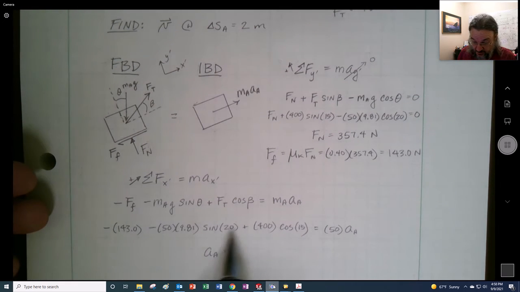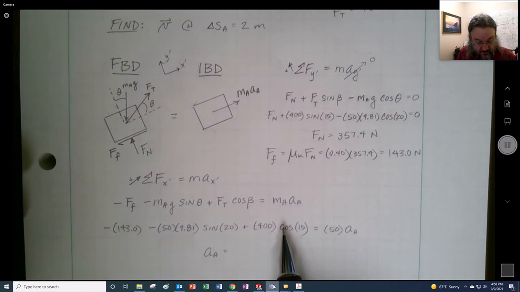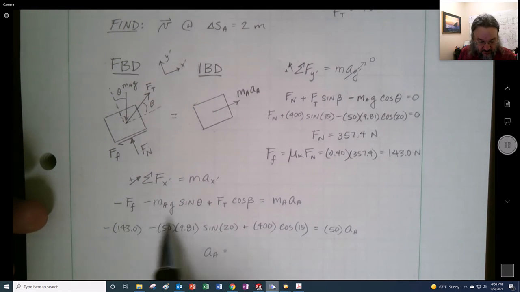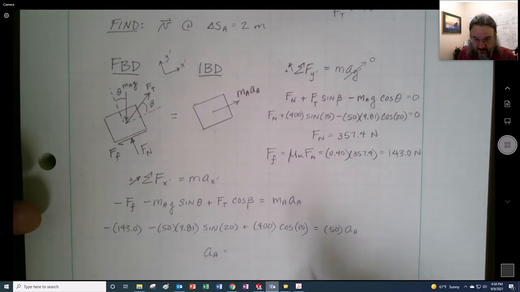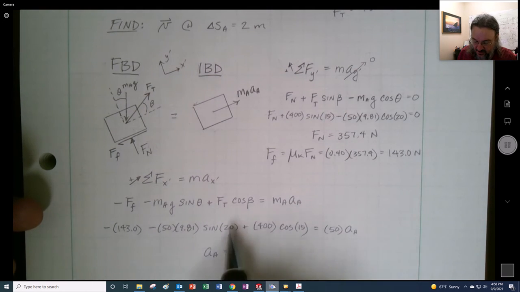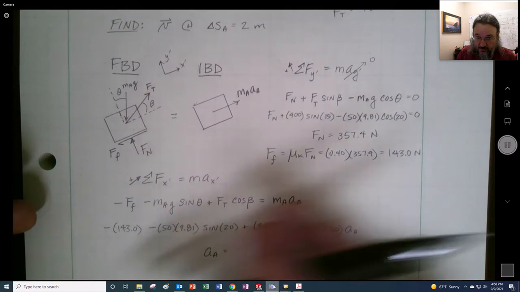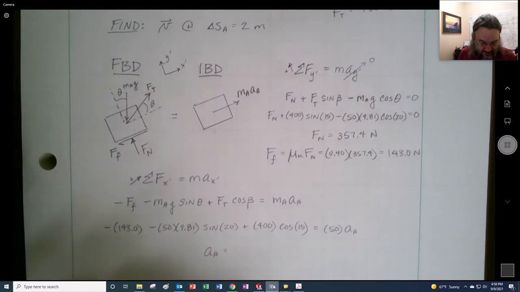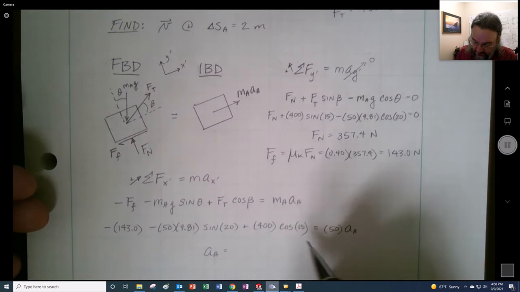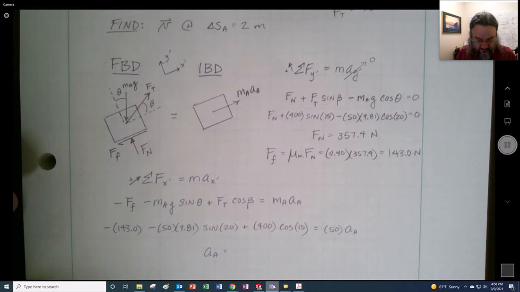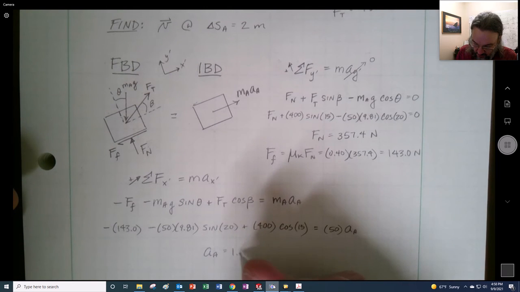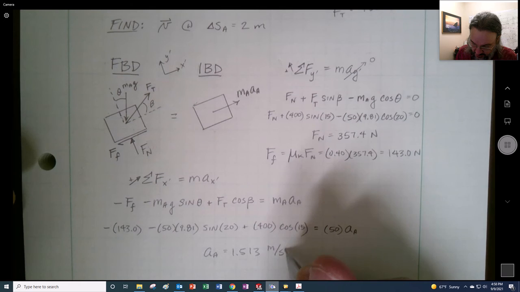All of this right here was 386.4. All of this was 310.7. So there is still a net force going upwards right there, and we needed that. Okay, so we divide that by 50, and we get 1.513, and this is meters per second squared.